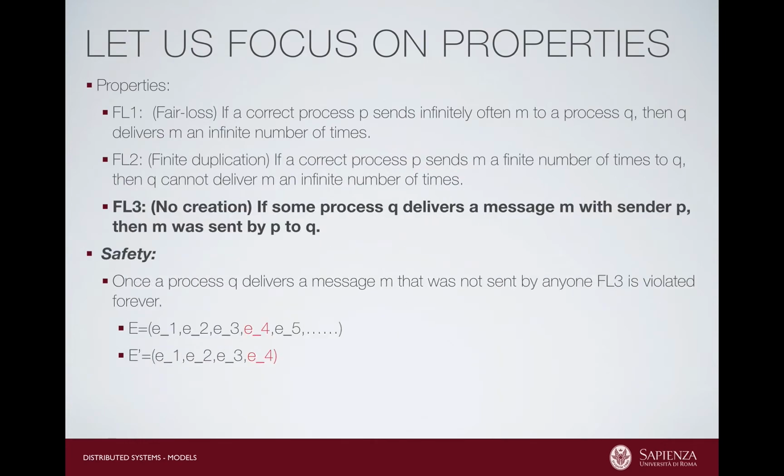And then it's easy to see that in any way we try to extend the execution, so we add new events to E prime, the new execution still violates the safety property because something bad did happen, and the bad thing was that Q delivered something that was not sent by P.